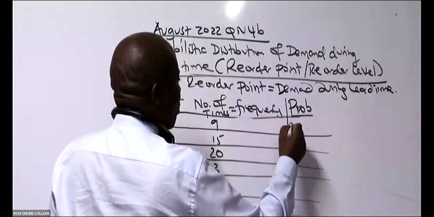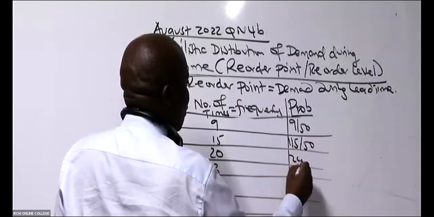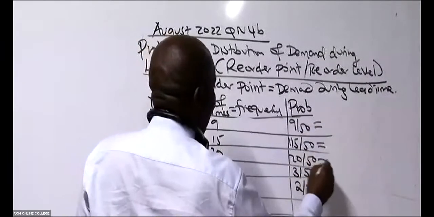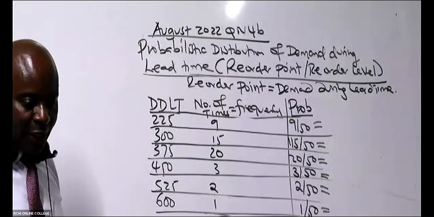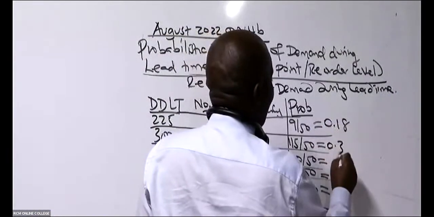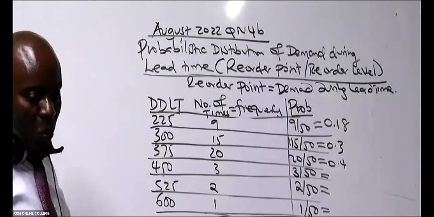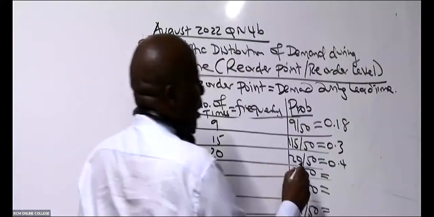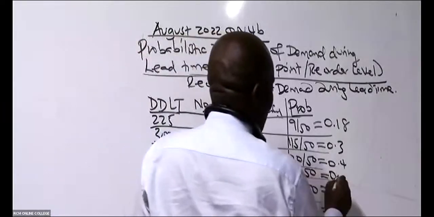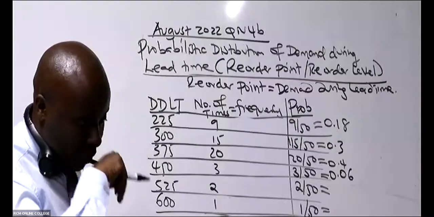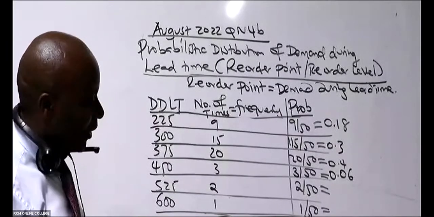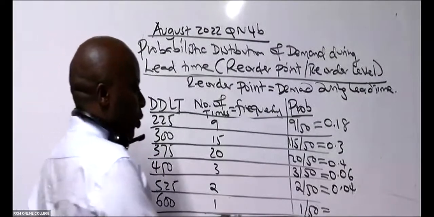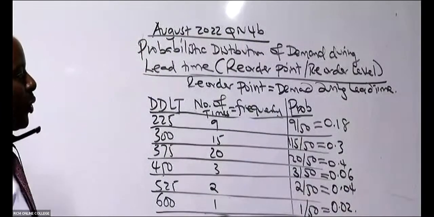So this will be 9 over 50, 15 over 50, 20 over 50, 3 over 50, 2 over 50, 1 over 50, which will end up giving us 0.18, 0.3, 0.4, 0.06, 0.04, and lastly 0.02. Remember, these are all the demands.